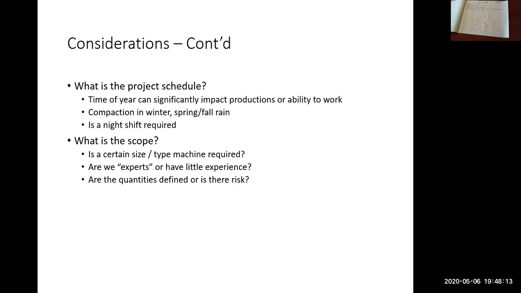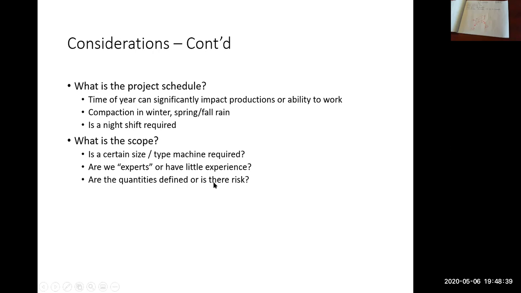You were given, you know, 10,000 tons of import material was required. You were told that there was 1,000 cubic meters of excavation. You're told that there's 1,000 meters of concrete curb to install. So that's what defined quantities is. You're told what the quantities are.